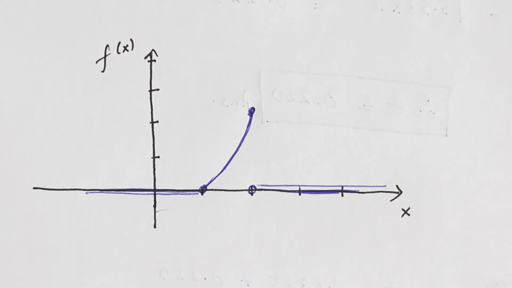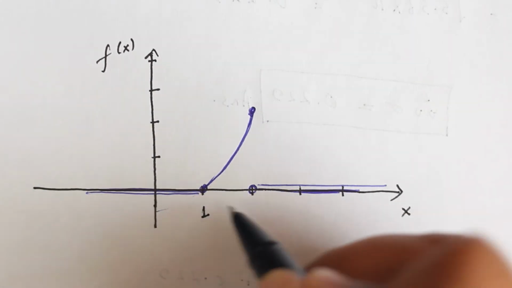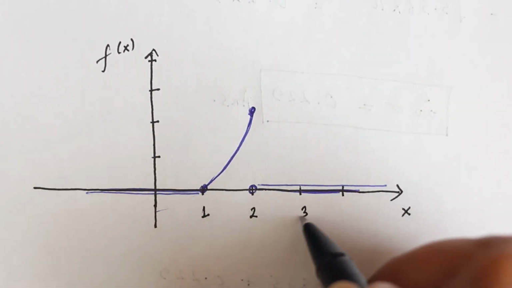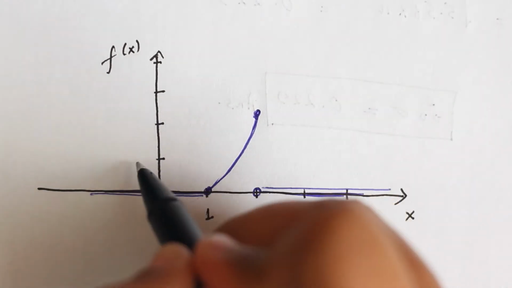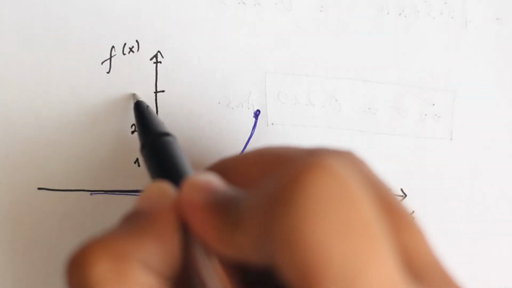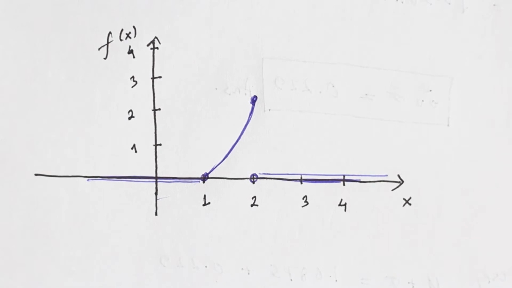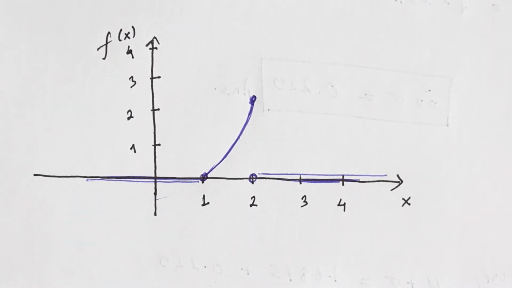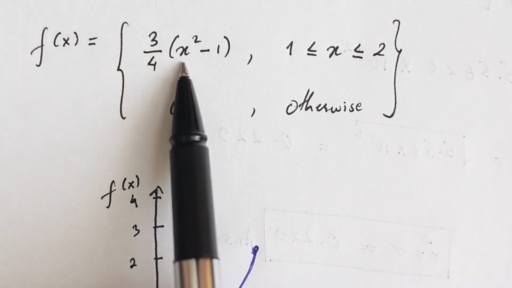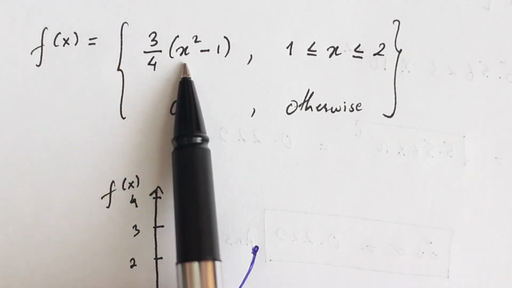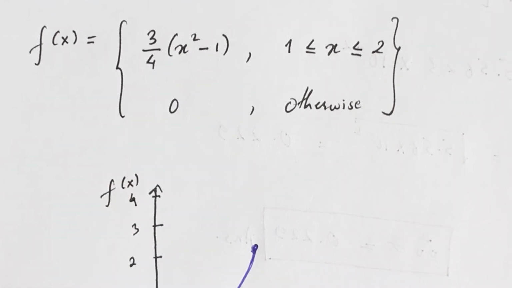Okay, so as we know, the labels here are 1, 2, 3 and 4, and this is also 1, 2, 3 and 4. If we put the value of x to be 1, 1 squared minus 1 is 0, so the function becomes 0.